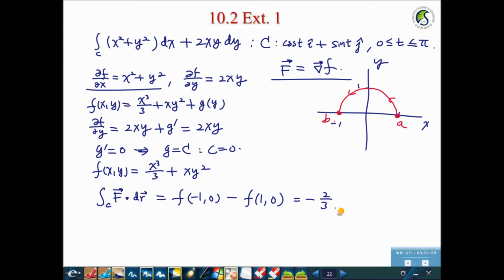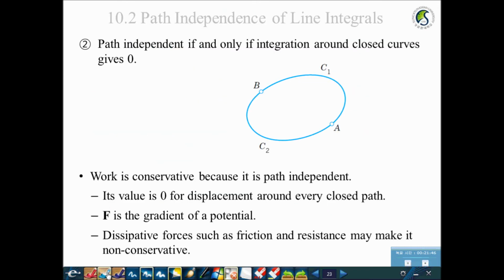The second one: it is path independent if and only if the integration around a closed curve gives 0. This is quite obvious in some respect. It starts from A to B and it moves like that, and this path is plus.